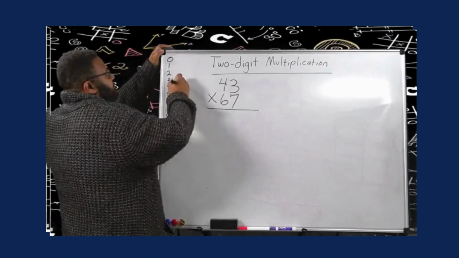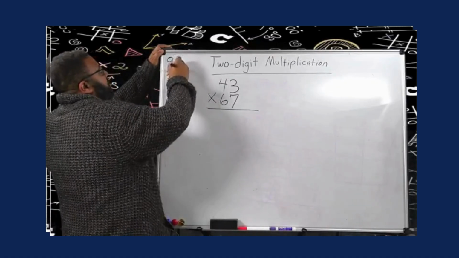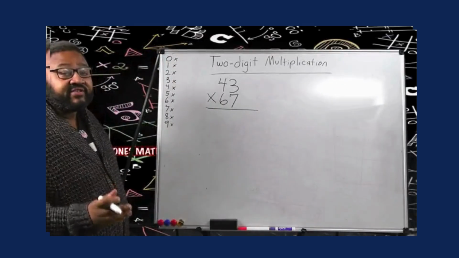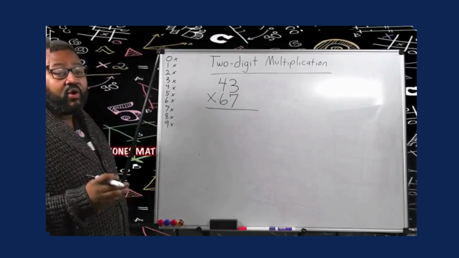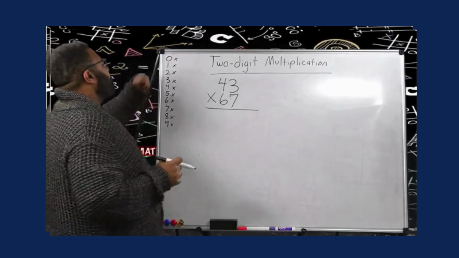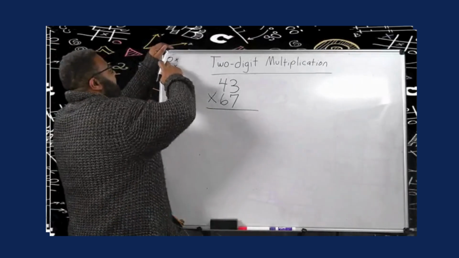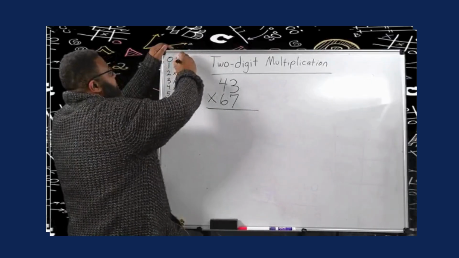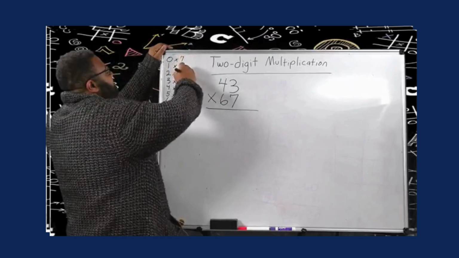I'm putting an X right here. This stands for multiplication. Factor times a factor equals a multiple or product. As I stated before, a product is the answer to a multiplication problem. So I have a factor of 0 multiplied by my sevens, all the way down.